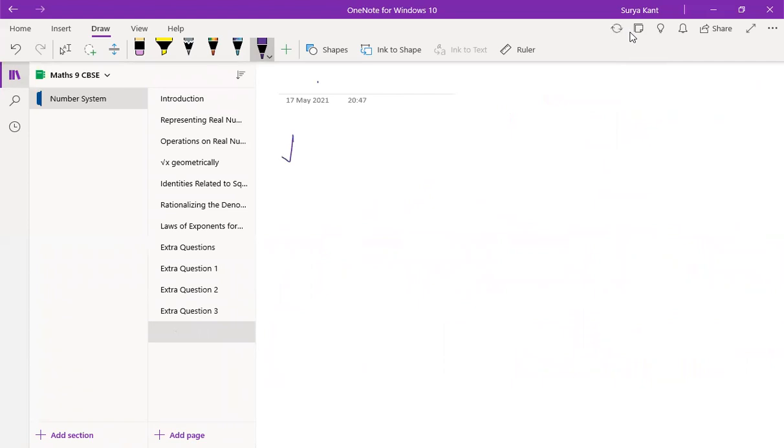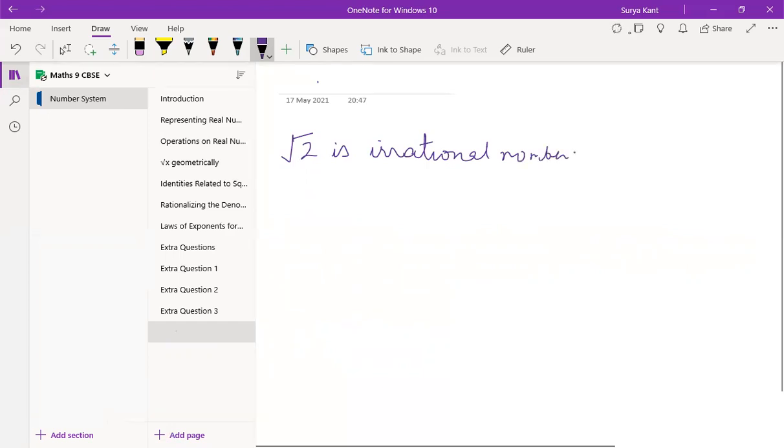See, what we should do is prove that root 2 is an irrational number. How to prove? First of all, if you write the solution here, you should write: let root 2 be a rational number.